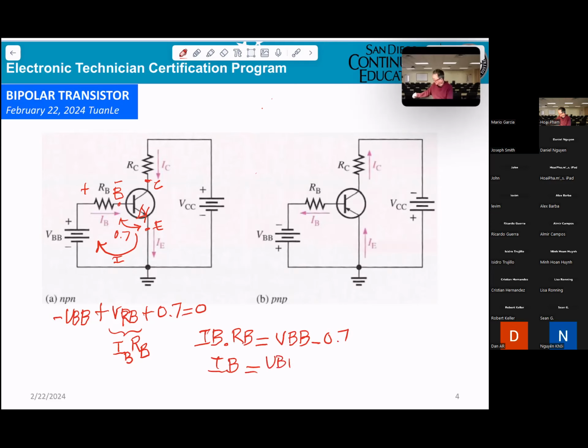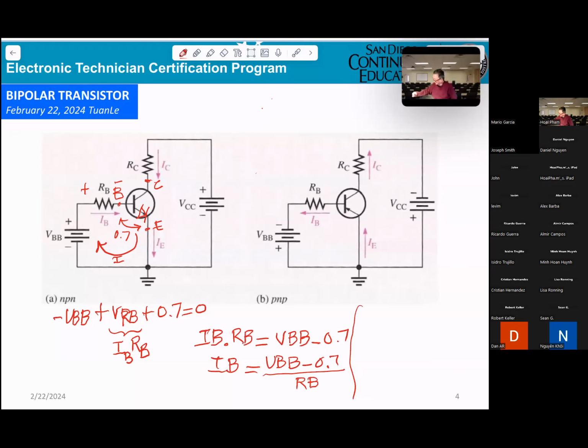IB equals VBB minus 0.7, divided by RB. Okay, so this is the equation you need to know: IB equal VBB minus 0.7 divide RB.